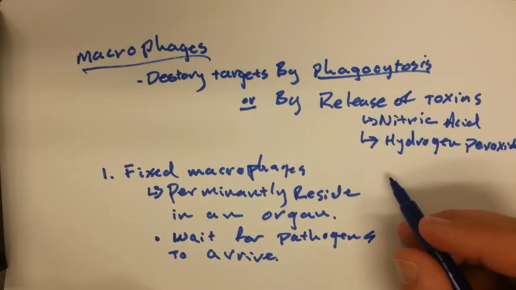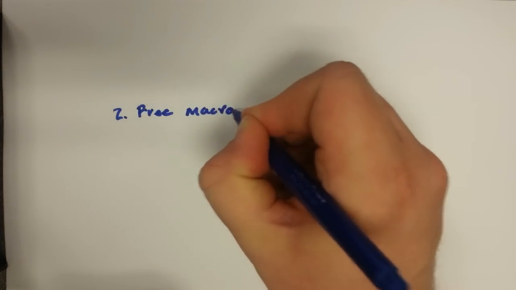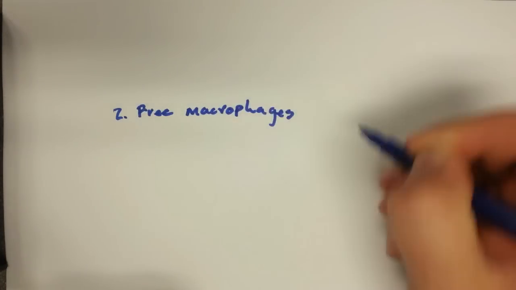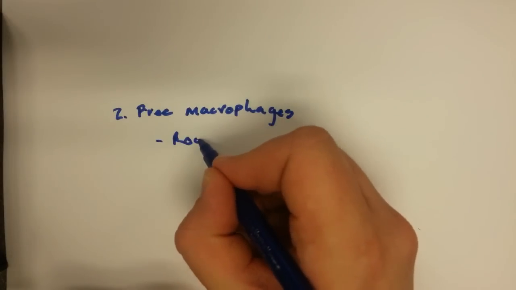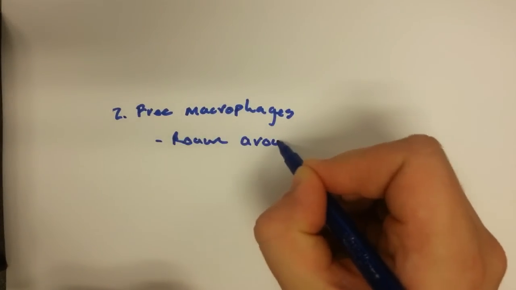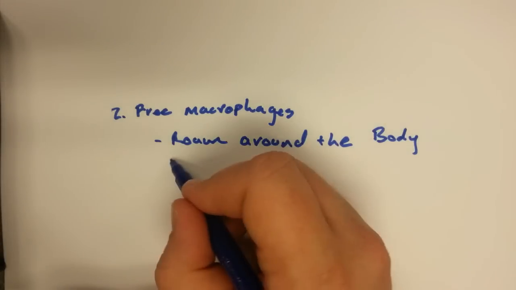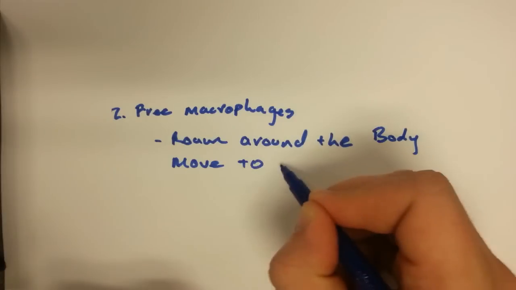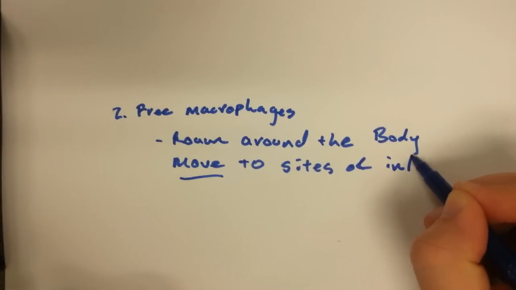Okay. The second class of these guys is free macrophages. So these free macrophages, they roam around the body and move to sites of infection.